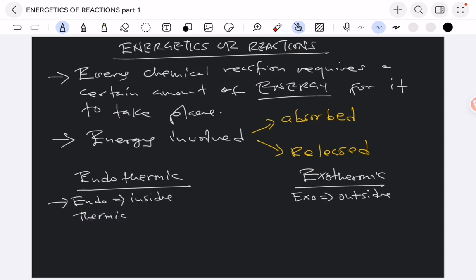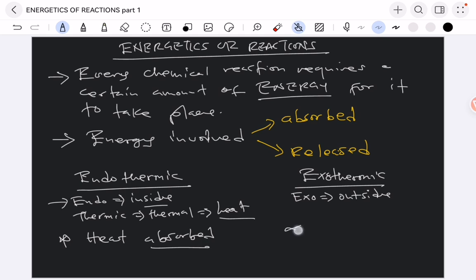Thermic, which is derived from thermal, means heat. So endothermic in short can be described as heat inside or heat absorbed. Then exothermic can be described as heat outside or heat released.